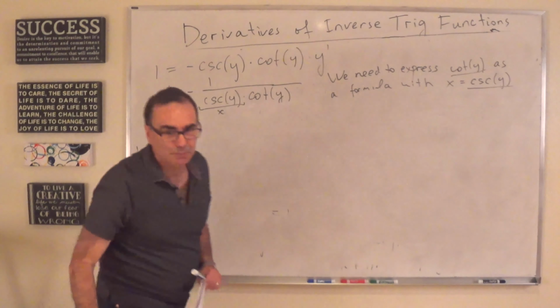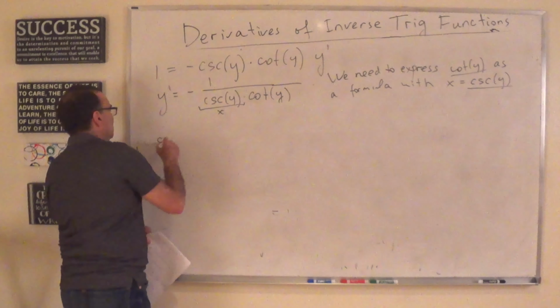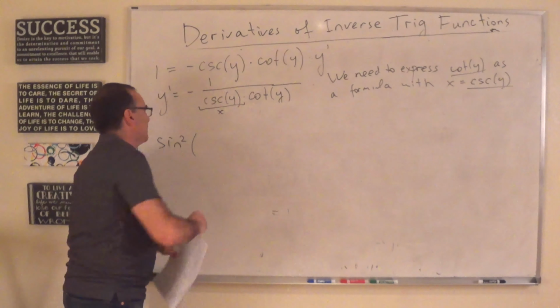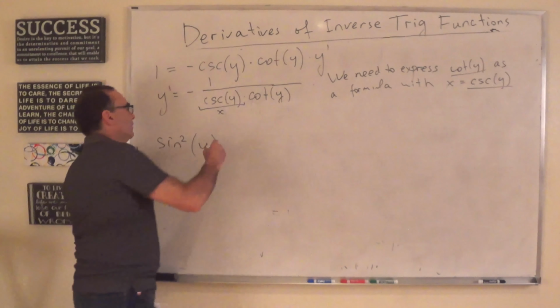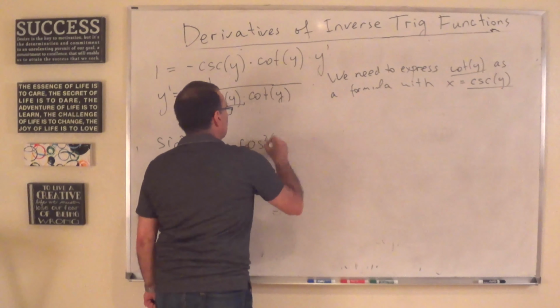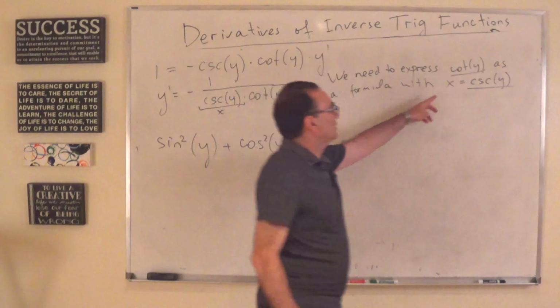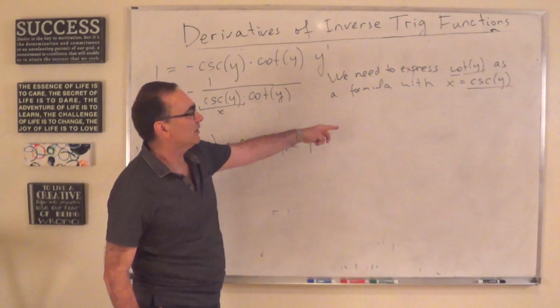We will start with the main trigonometric identity, sine squared plus cosine squared equals 1, and apply it to y. So sine squared of y plus cosine squared of y equals 1. Now we need to express cotangent as a formula involving cosecant. Cotangent is cosine divided by sine.